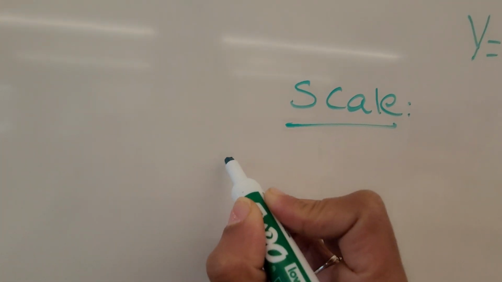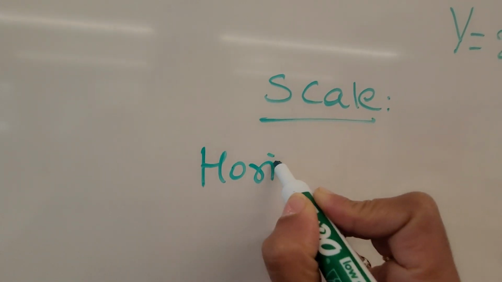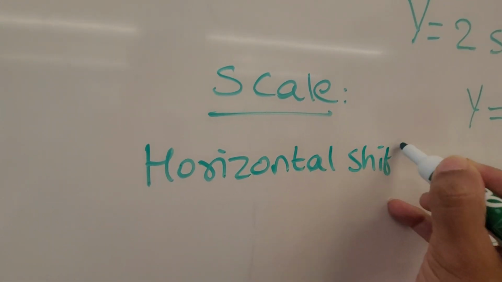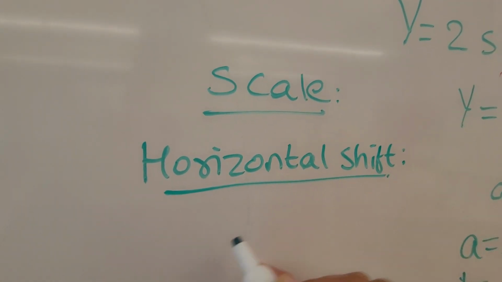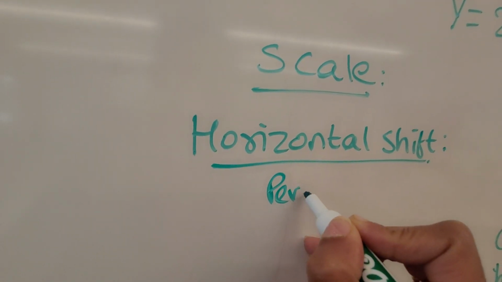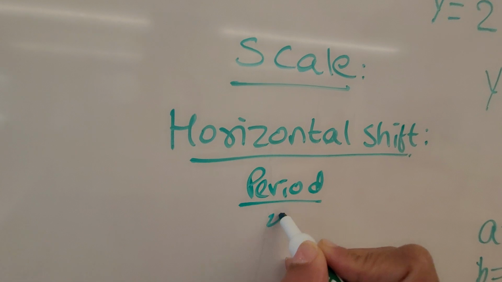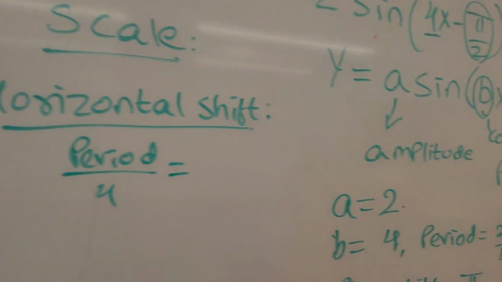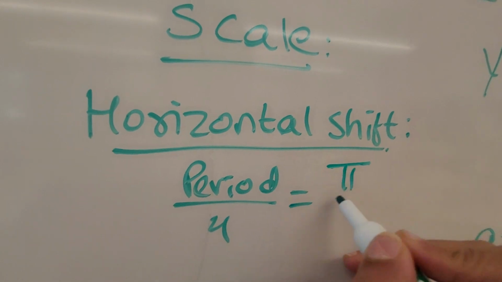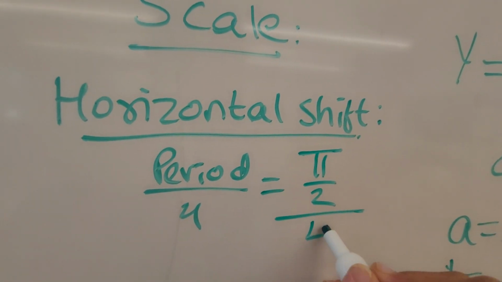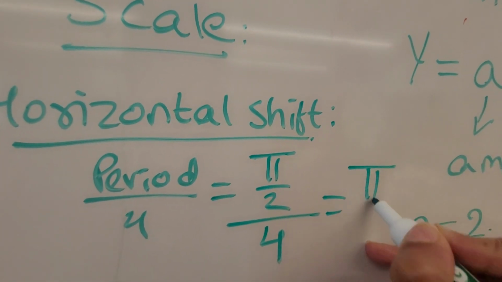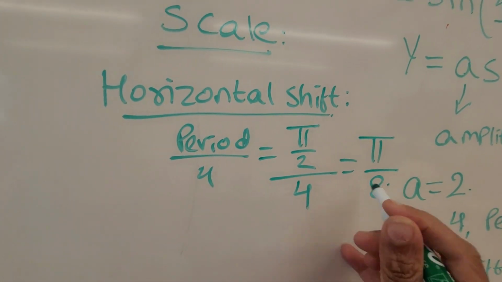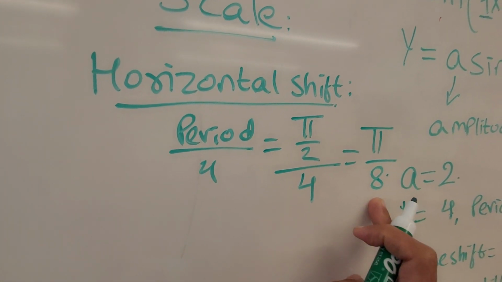The horizontal scale on the x-axis becomes the period divided by 4. For the period, I got pi by 2, so I'm going to take pi by 2 and divide it into 4 parts. Then each part is pi by 8. So on the x-axis, I take each unit as pi by 8.